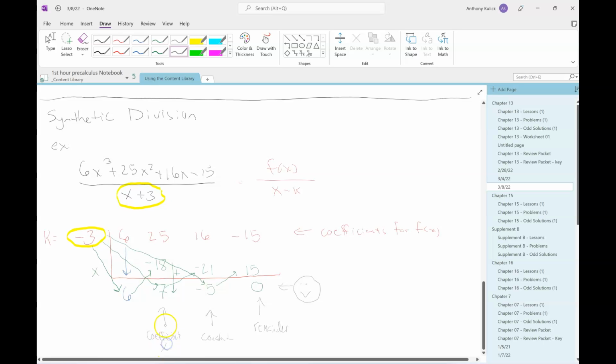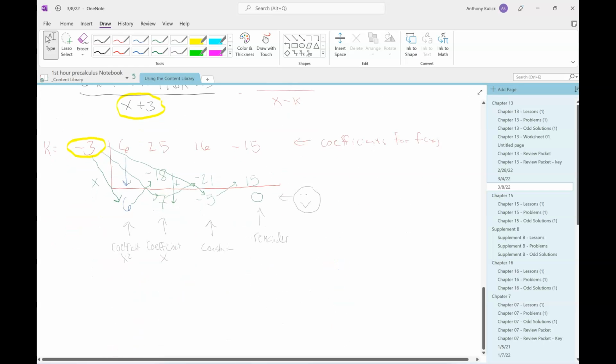That's the coefficient on the x. The next would be the coefficient on the x squared, and so on. We're just counting back from the remainder. The next term is the constant, that's degree 0. The next piece is the linear term, that's degree 1, degree 2, degree 3, and we just keep counting back as long as we have numbers.